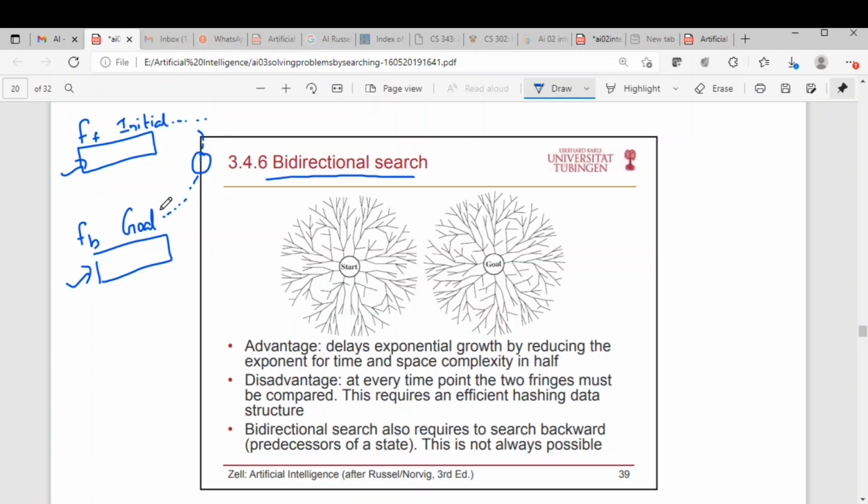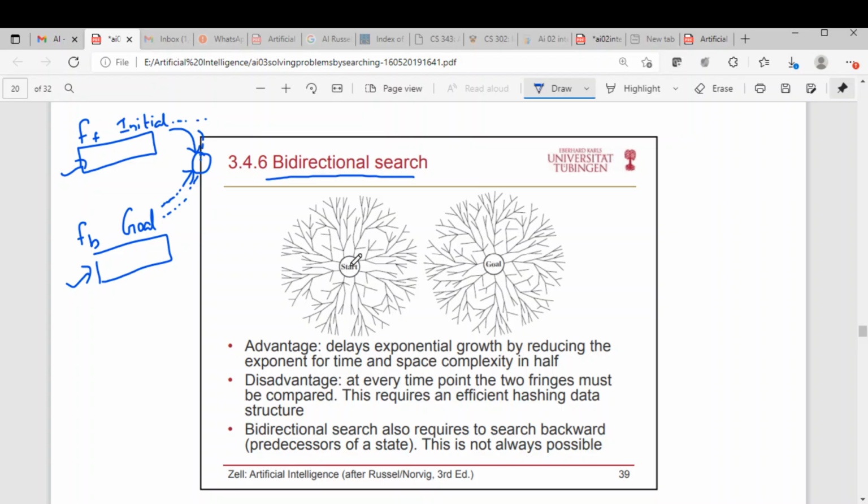Because here the backward search contains the path from the goal state to the place where you have met. Similarly, the forward search contains the list of nodes from the initial state to the state where you have met. So this is how bidirectional search works. Two searches go on in parallel, one in the forward direction and one in the backward direction.